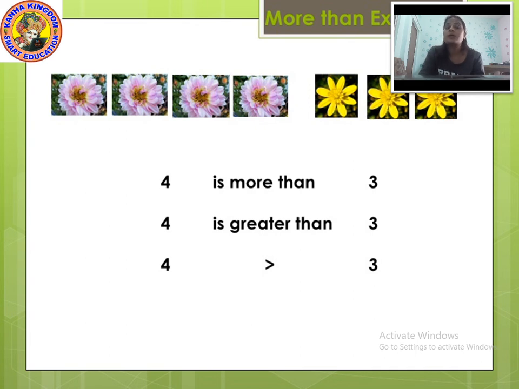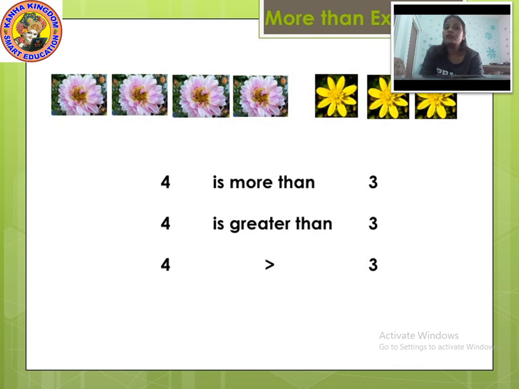Why? Because 4 is bigger. Okay, 4 is bigger than 3, so 4 is more than 3, or we can say 4 is greater than 3.